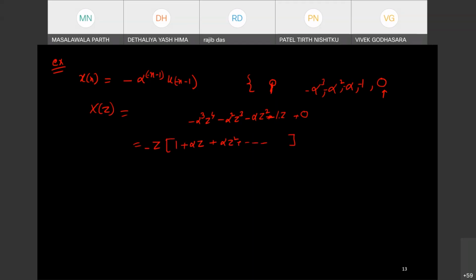Right? So if I consider this thing as positive, n minus 1, then probably I'll get similar. I'll intentionally consider plus alpha to the power n minus 1, then you will get the minus sign on this side, alpha to the power minus 1, like that. I wish to get the same form.